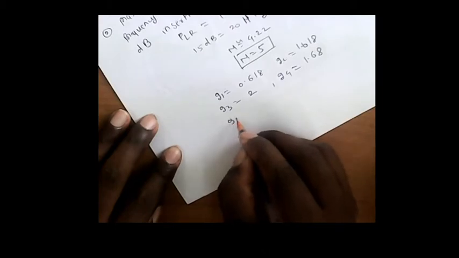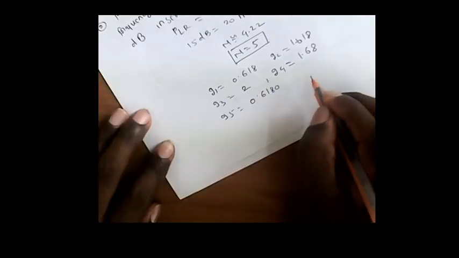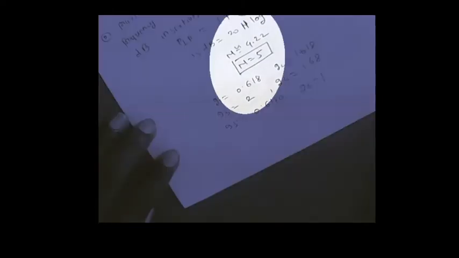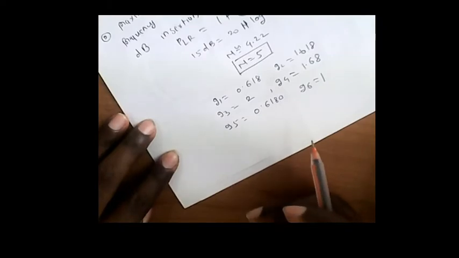Then G5 is equal to 0.618 and G6 is equal to 1. Then the source resistance and load resistance are equal because it is a Butterworth filter.